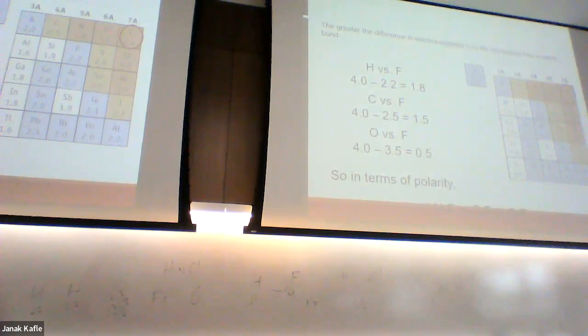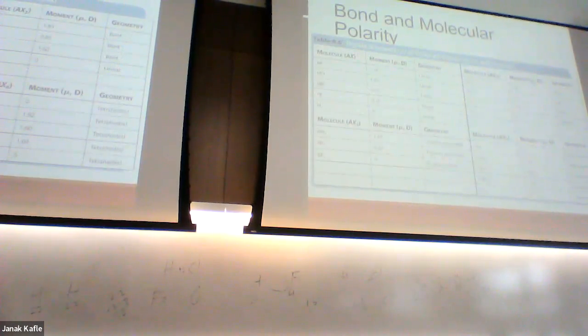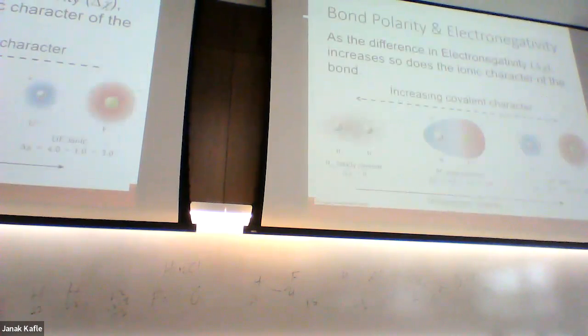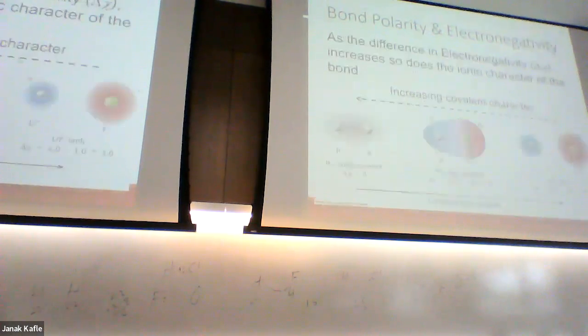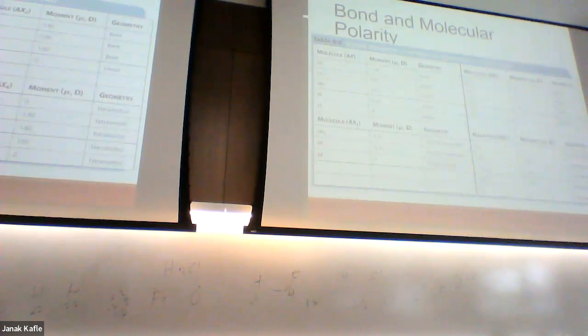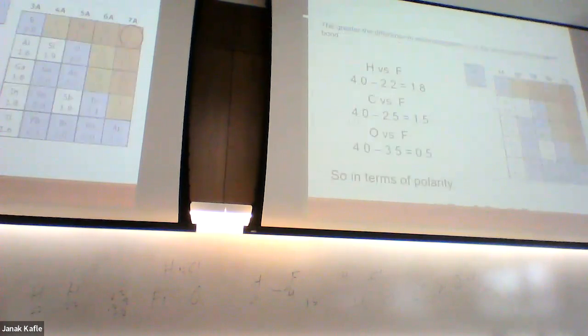So in lab 13, we will be doing all this kind of calculation. So look here, HF. You can easily do this kind of thing. So look at the electronegativity, and if you look at the rule here, if you get 0.4 to 1.7, they are polar. So HF is polar.